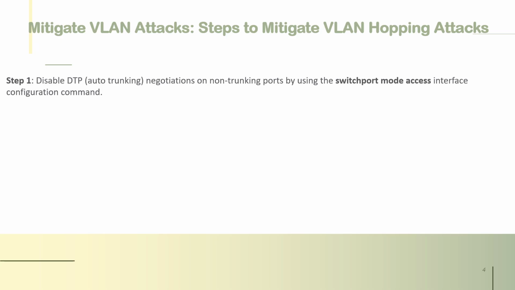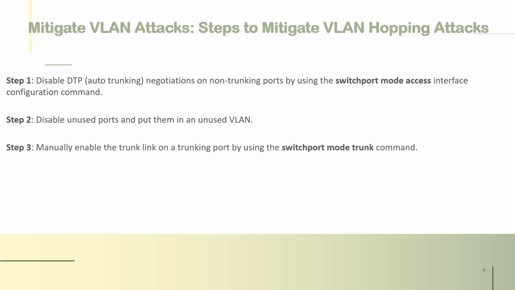The first step is to disable Dynamic Trunking Protocol auto-trunking negotiation on non-trunking ports by using the switchport mode access interface configuration command. The second step is to disable unused ports and put them in an unused VLAN. And step 3 is to manually enable the trunk link on a trunking port by using the switchport mode trunk command.